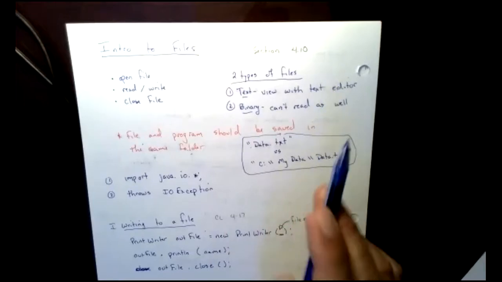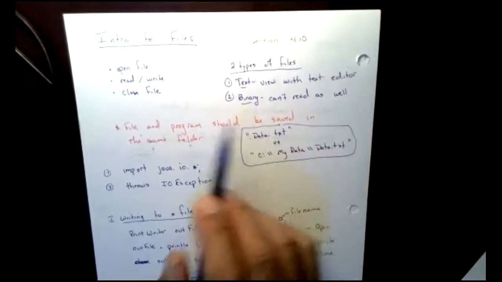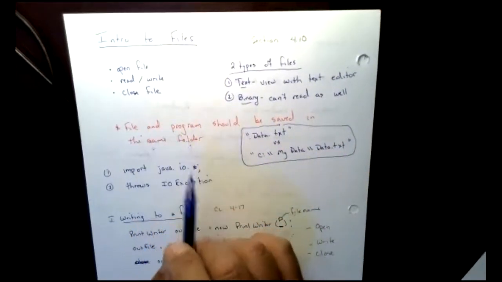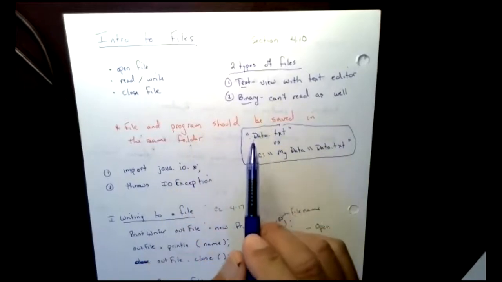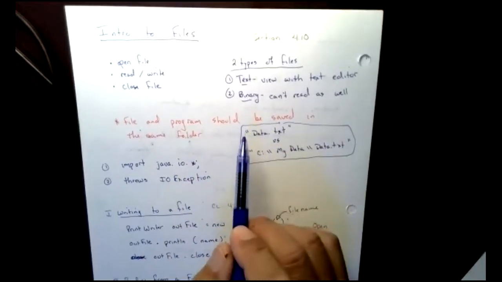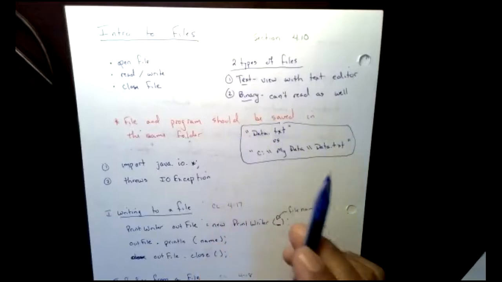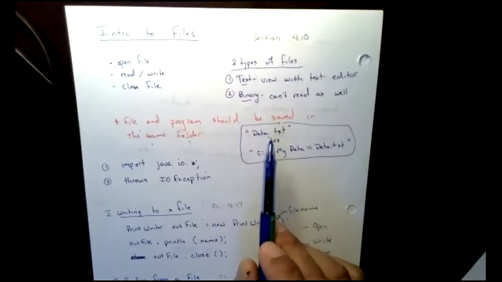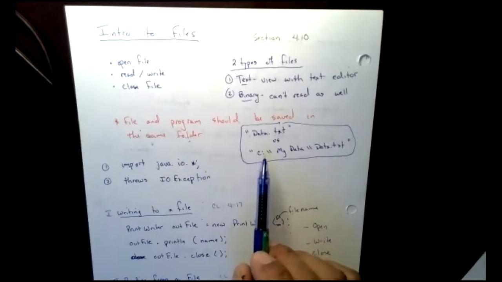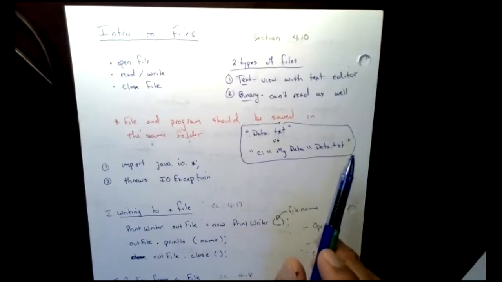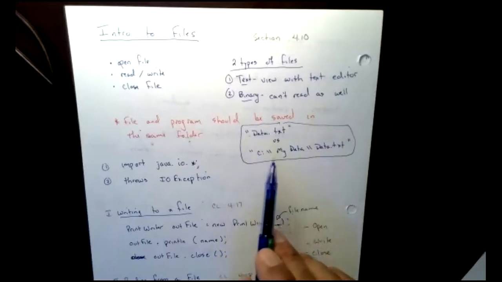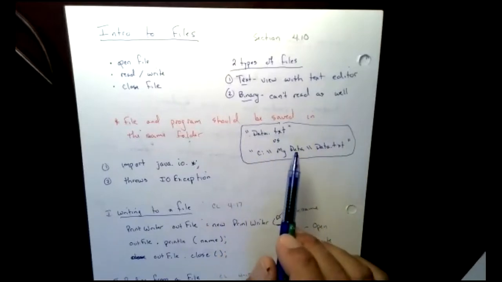All right. When I work with it, I recommend you save the file in the same folder as your program. If you do, you're going to be able to work with just the text file, data.txt. Boom, done. If you save it in another folder from your program, that's when you have to start getting into this C:// my data / data text, whatever the path is to go find it.